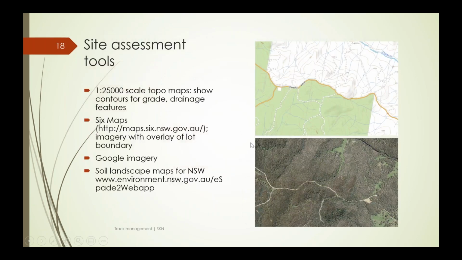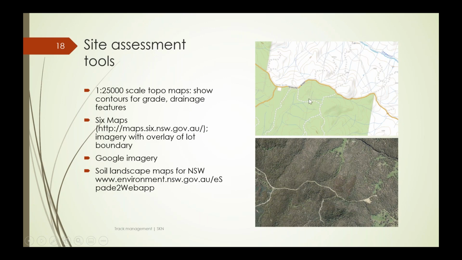So a few tools that are very handy to do all of these steps. First of all, the 1 to 25,000 topographic maps and the SIX Maps imagery, which you can access online. Both this map and the imagery have come from SIX Maps, and you can see on the topographic map that it has the streams, and you need to do your stream ordering off the topographic map, so it's useful for taking that step.